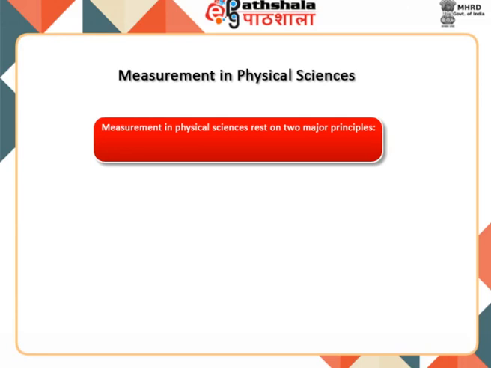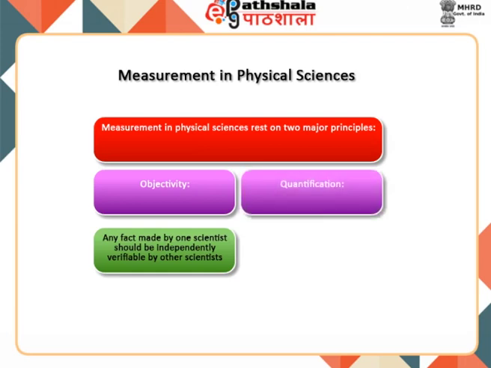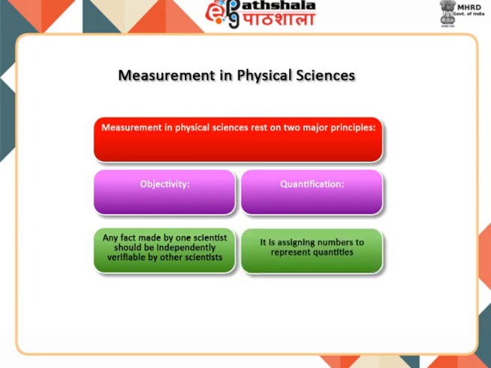The first key principle is objectivity, which means that any fact made by one scientist should be independently verifiable by other scientists. The second key principle is quantification, which concerns the quantity of an attribute or object. In other words, it is assigning numbers to represent quantities.